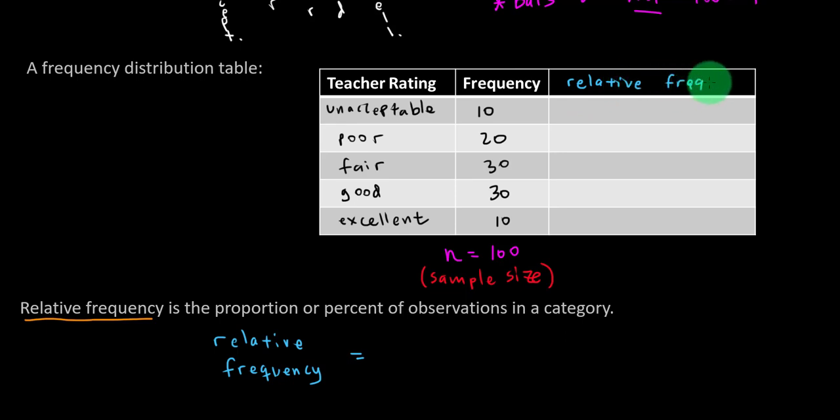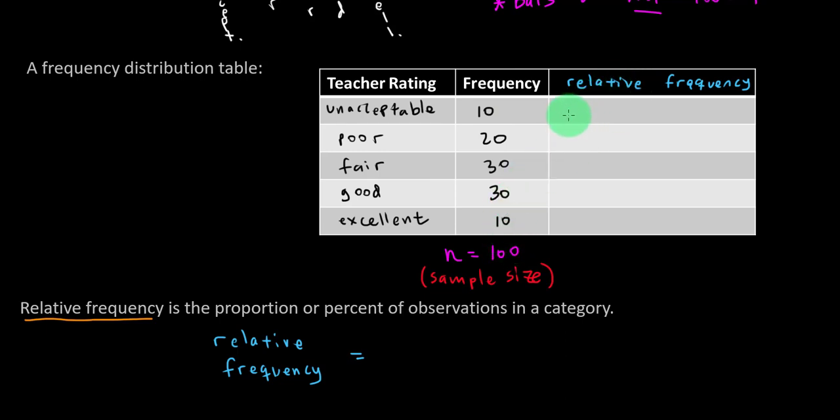Okay, so the proportion of observations in each category. Well, we know that there was 100 total observations. Let's start with unacceptable. Wasn't there 10 unacceptable ratings out of 100?